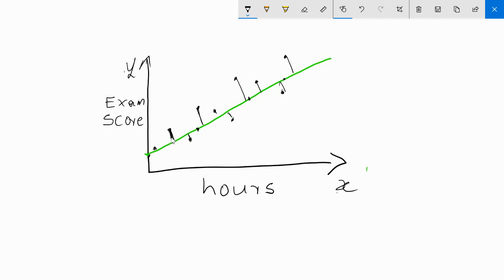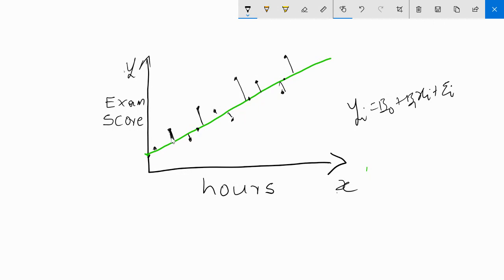And these are the errors that we are talking about when we say the model is y_i = beta_0 + beta_1 x_i + the errors.